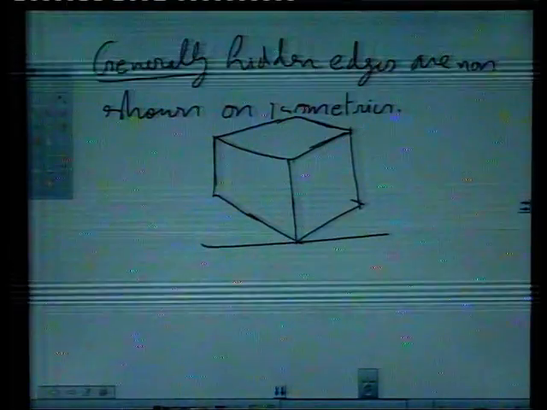Next point is all actual parallel lines or edges of the object remain parallel in isometric drawings.